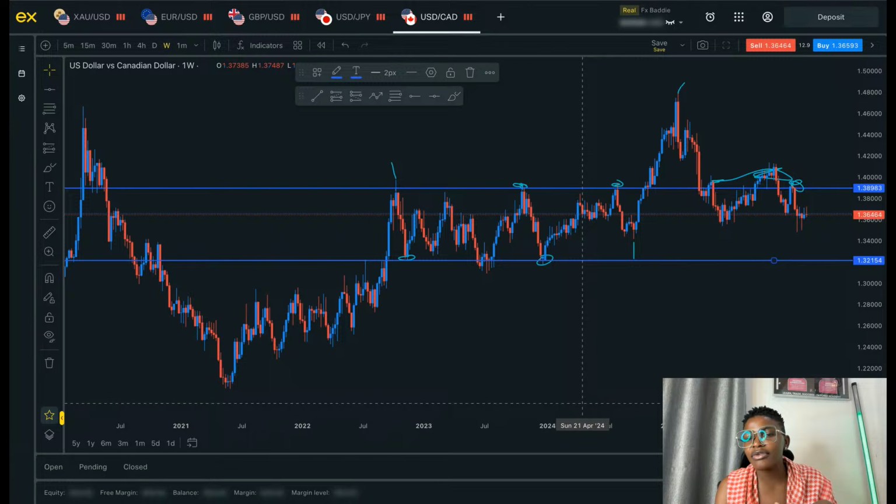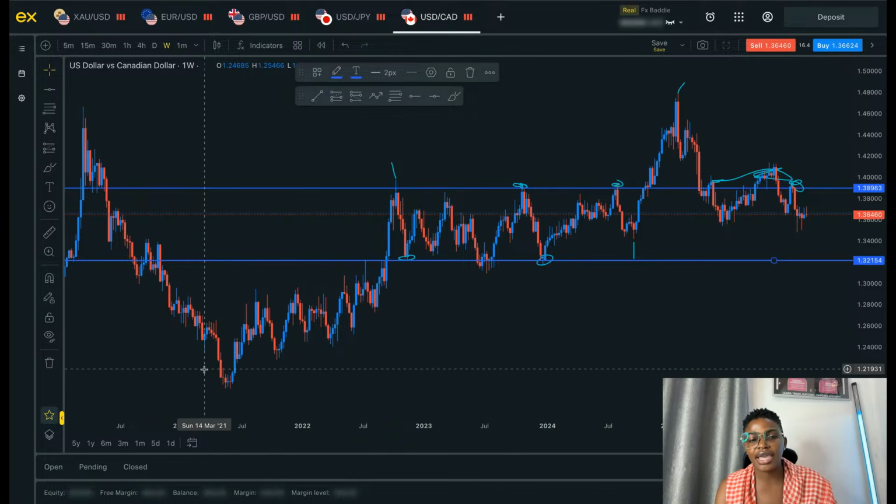On the weekly time frames, all these higher time frames, it shows us the directional bias of the market, meaning here you can see how the market is moving, you can see where the market is at, you can identify patterns, you can see a lot of things from the higher time frames.